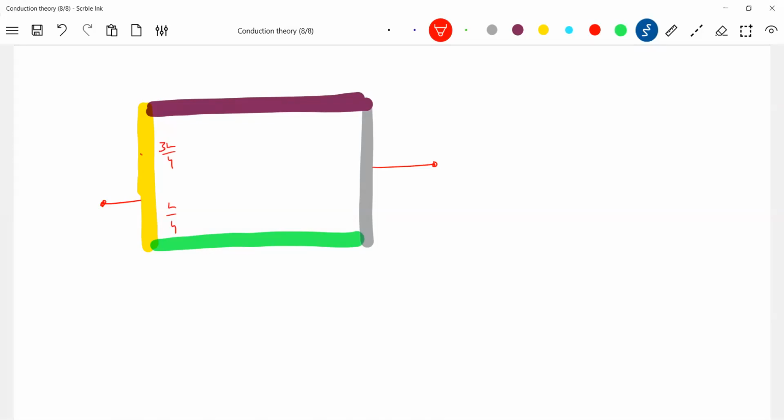Thermal conductivity of this yellow color rod is K, and this is 2K. Length is 3L. Area of cross section, let me make it the same, it'll be easy for us. This is L by 2. Thermal conductivity is K. Length 3L. Okay, K by 2, I'll write it.